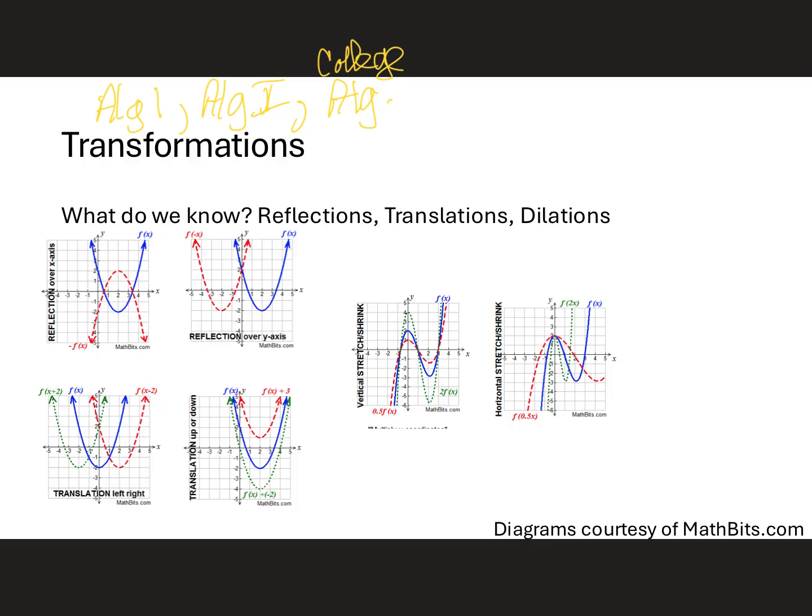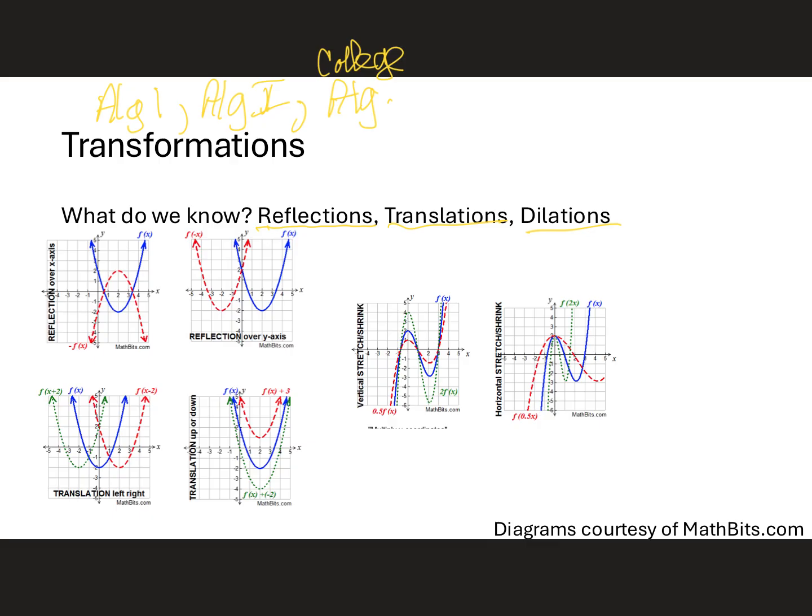And you may have even talked about it in geometry, and possibly even your middle school math classes, 7th, 8th grade math, mostly in a geometric sense, but you would have talked about these same things: reflections, translations, and dilations. And that's all we are looking at here.